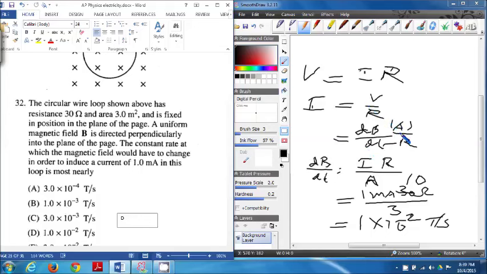Then R is here. So we can find the change in magnetic field is I R by A. Substituting I as 1 milliampere, R as 30 ohms, and A as 3 square meters, this gives us 1 into 10 to the power of minus 2 Tesla per second. So the answer is D.